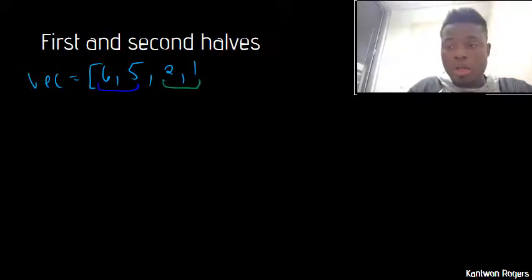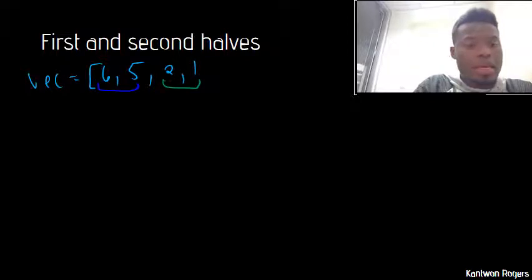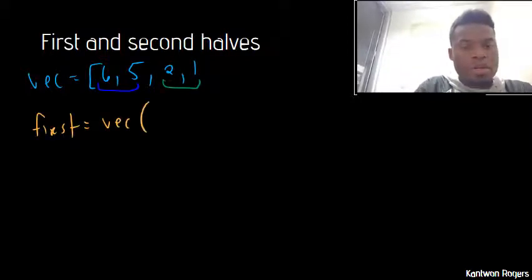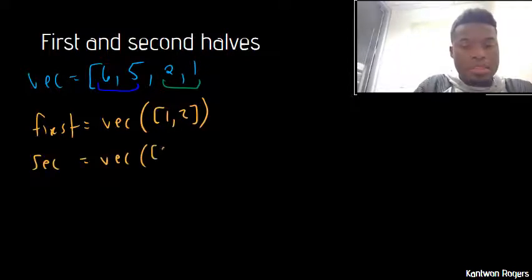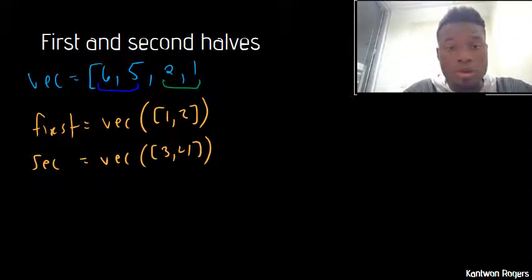So if I just wanted to hard code that, I could say first would be my vector at the first position and the second position, and my second half would be my vector at the third position and the fourth position. But let's slowly make this more and more generic.